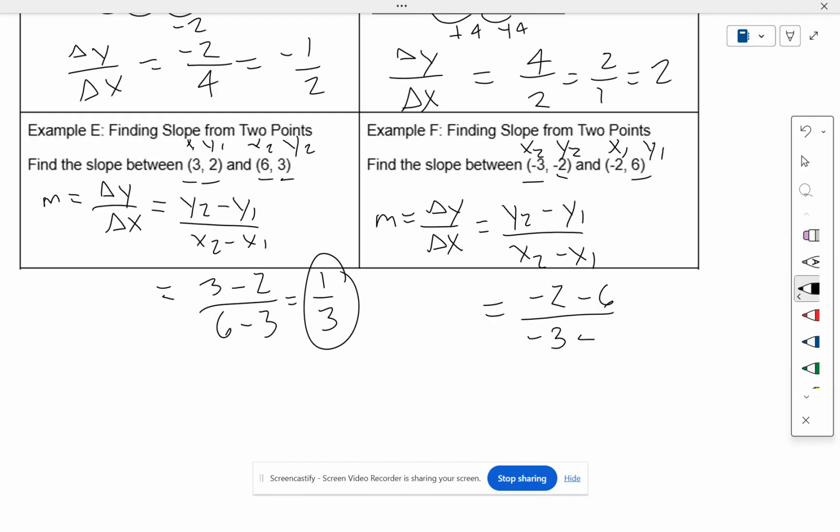So it's subtract -2. So we want to be careful there. It's always subtract, and then you're going to keep the sign. -2 minus 6 is -8. -3 minus a -2, that's like adding 2, would be -1. So our slope there is -8 over -1, or just +8.